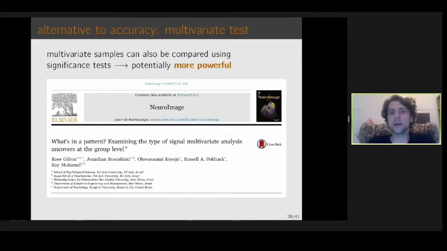And this might actually be more powerful, because the test statistics in significance tests do not suffer from the problem of ties that accuracies suffer from. These multivariate significance tests are not as well known as the univariate significance tests, but essentially they are based on the same principles of frequentist inference.